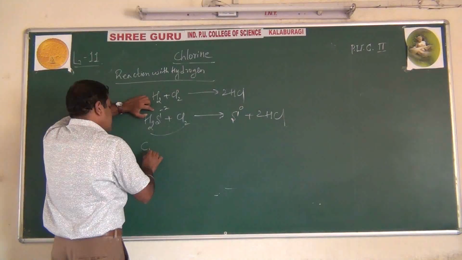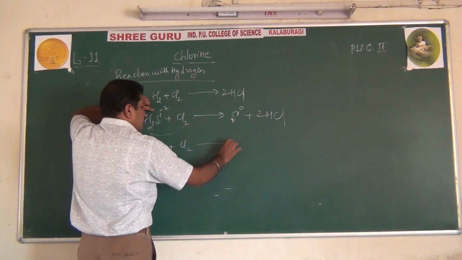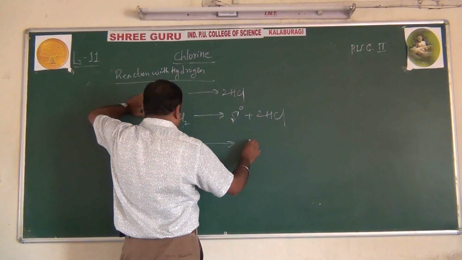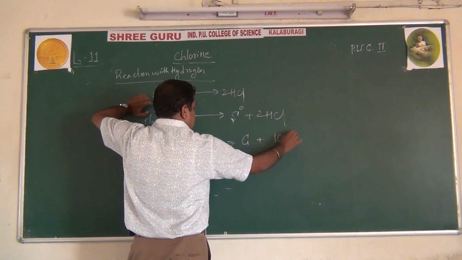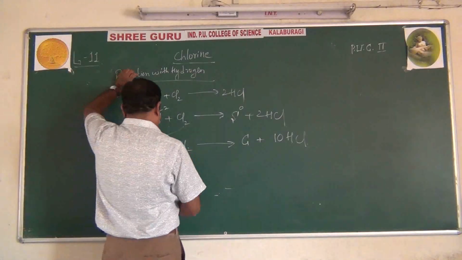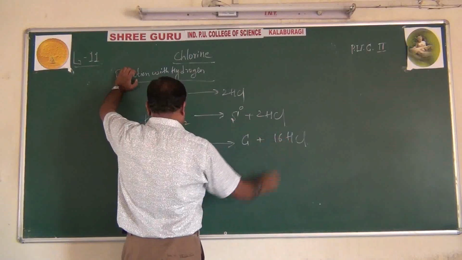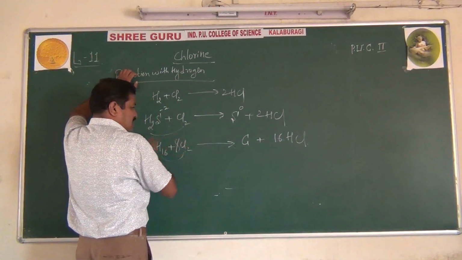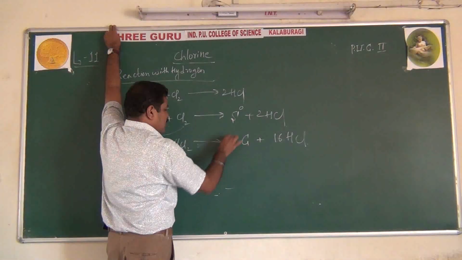Not only that, even C10H16 plus chlorine will convert this into carbon and then HCl, 16HCl. Therefore, generally you can just multiply here by 8Cl2, 10 carbon, 10C.